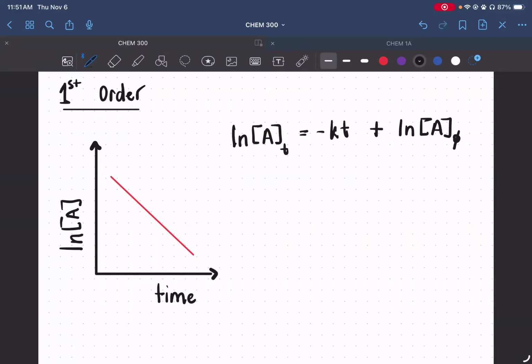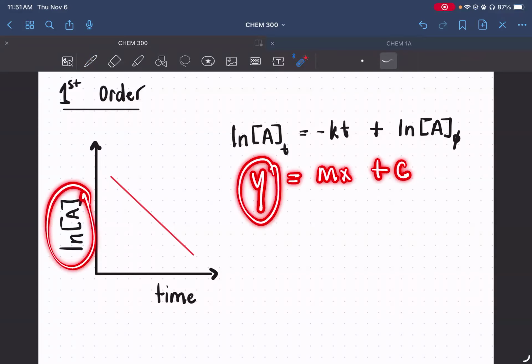Where did this come from? All we did was try to adapt our y equals mx plus c equation. We know our y-axis. It is ln of A. That means we also know our c-intercept. We know our x-axis is time, and we can see that our gradient is a negative slope, hence negative k.